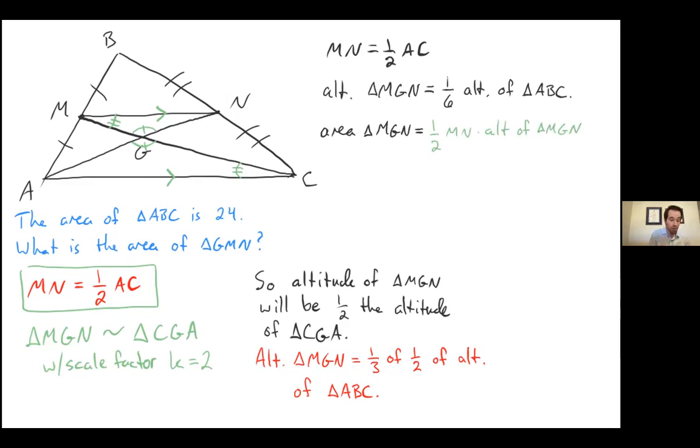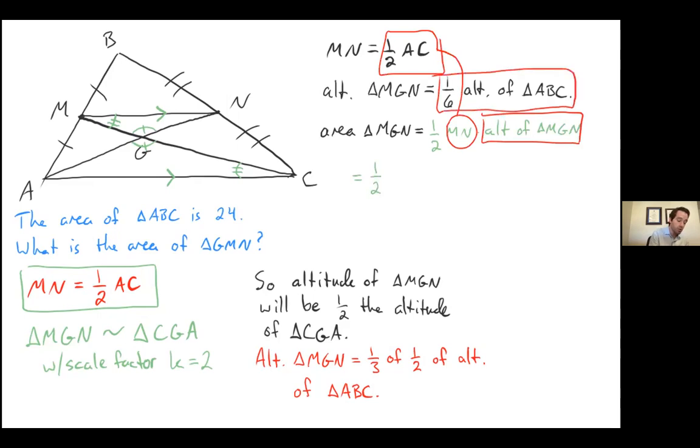This might not seem like it clinches it, but it really does, because this can be rewritten as 1/2 times, and then I'm going to do a little bit of magic here. I'm going to swap out MN with 1/2 AC. And then likewise, I'm going to swap out the altitude of MGN with 1/6 the altitude of ABC.